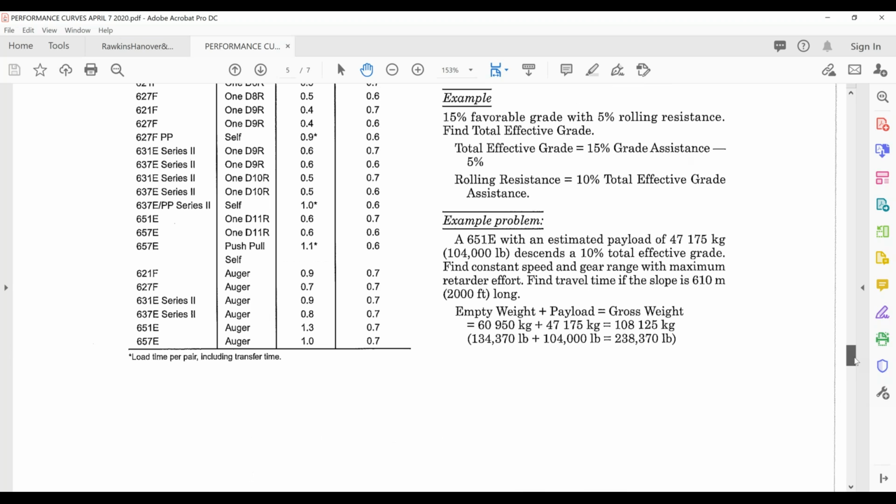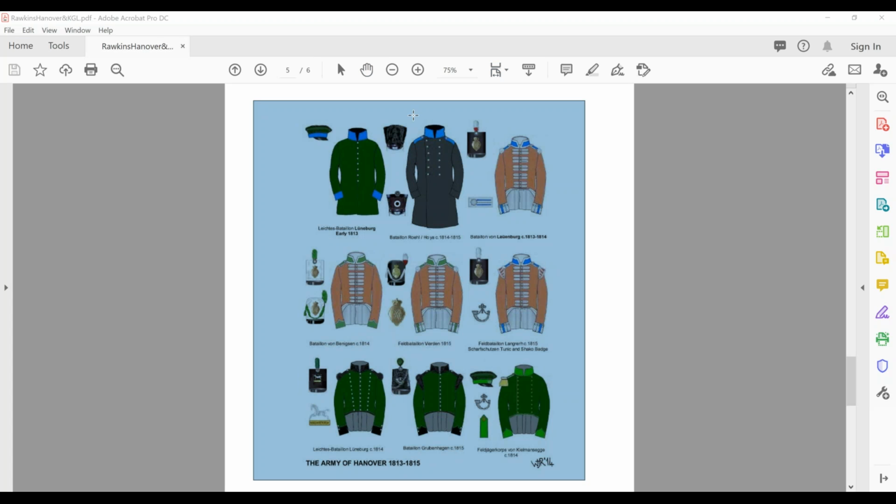What we need to do, of course, is go back and now convert this into a proper rolling resistance. This is going just great, isn't it?